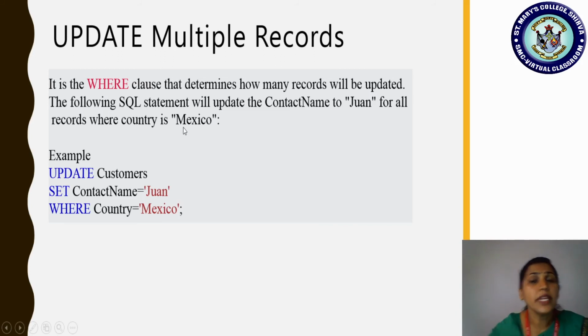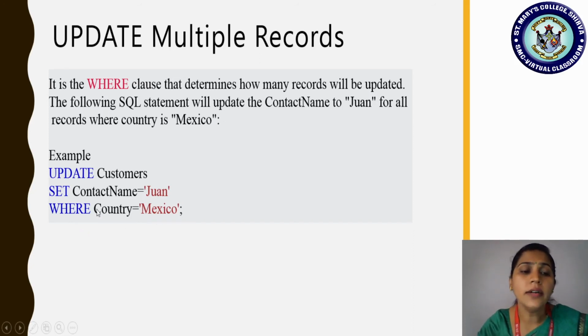Many times I have shown that in the customer table we have a country attribute, and in it we have Mexico for two particular rows. Example: update customers, set contact name equal to Jan, where country equal to Mexico.